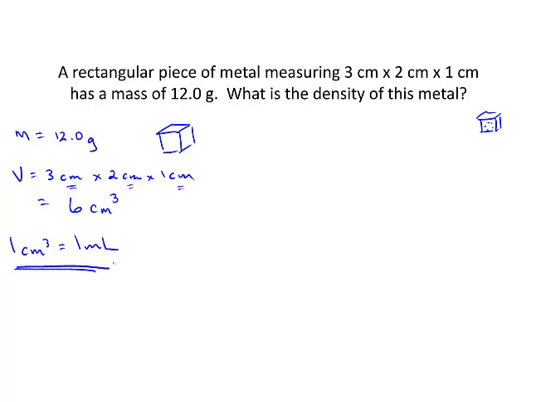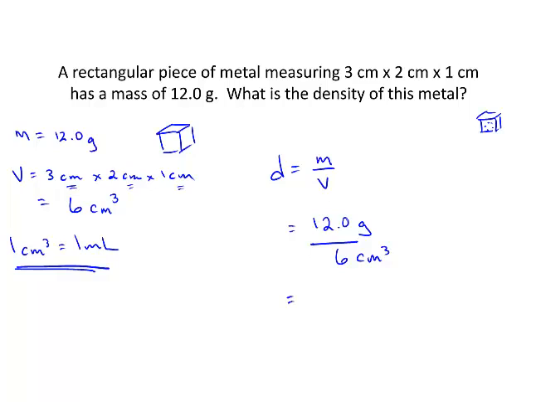What you'll find is that different groups, some will use cubic centimeters, some will use milliliters, but these are going to be very common units of measurement in chemistry, and it's worth knowing that those two mean the same. So we could say here that our density is equal to mass over volume, which is 12.0 grams over 6 cubic centimeters.